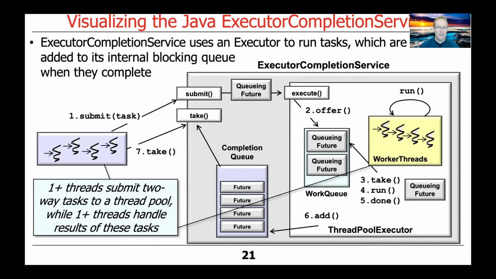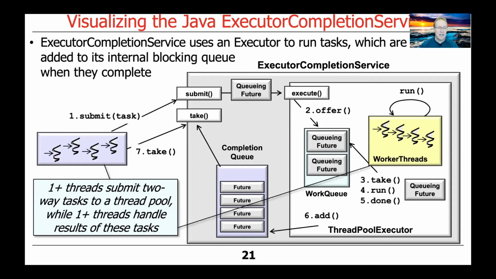It could be a fixed size pool, or it could be a cached thread pool. That's an implementation detail for you to decide when you create the executor that's associated with the executor completion service instance. I'm just peeking in to show you what things look like inside the thread pool executor, and we'll look more at that as we go through the example.